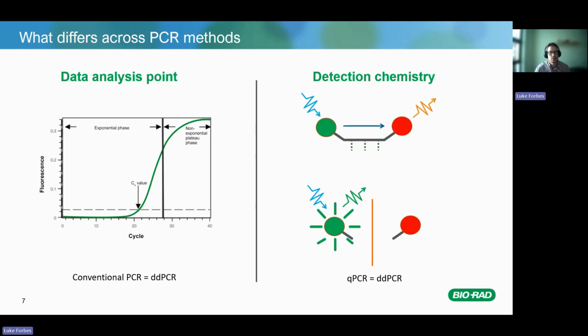So you need to make sure that your assay is really well optimized in terms of efficiency, and it's not having off-target amplification and things like that, because you're looking at your sample in the middle of the run and you're assuming that it's doubling at that stage. So you need to make sure that it is actually doubling, and that's why real-time PCR can become a little bit complicated. And then again, what differs in detection chemistry.